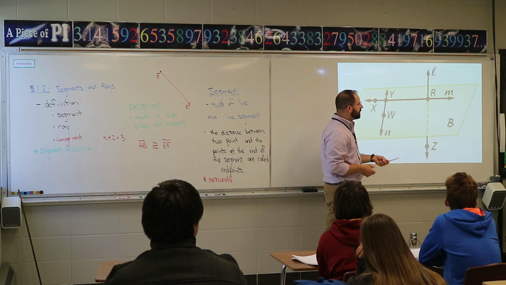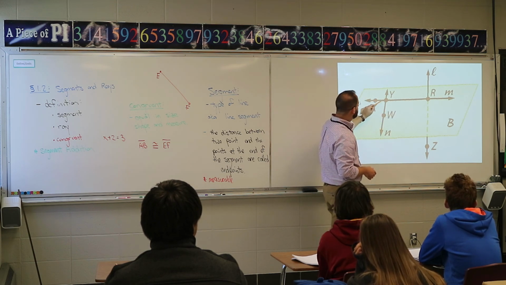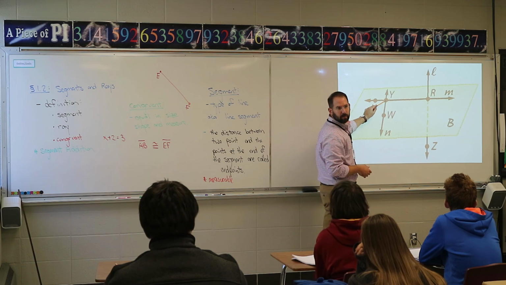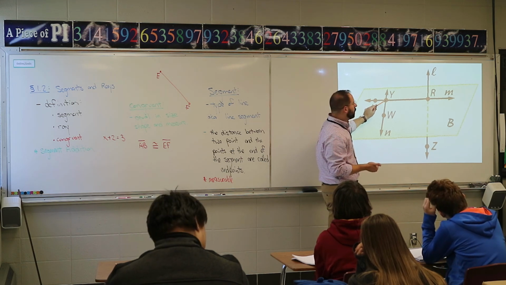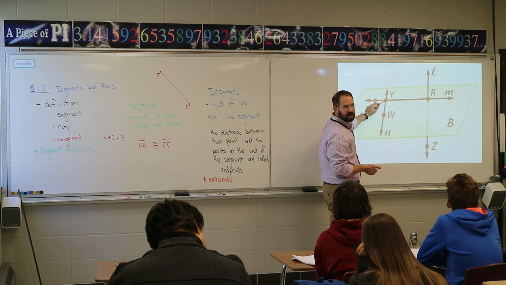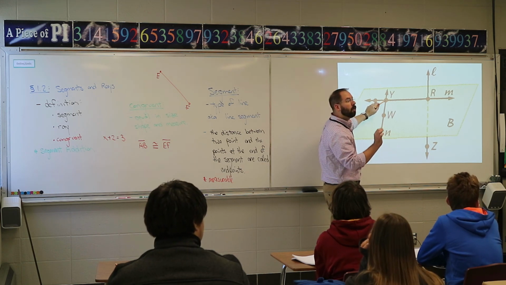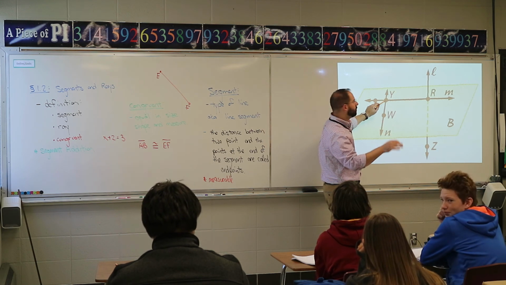I think one of the questions says, hey, where does line M and line N intersect? They intersect right there, right? But how would you say that? Where would N and M, the lines, intersect? What's the answer to that? Point Y. You have to write the word point in front of it.